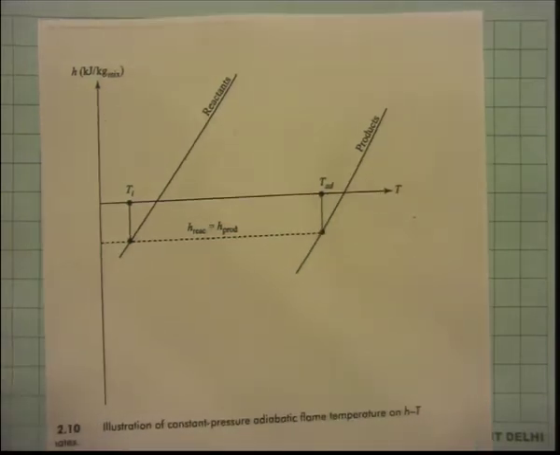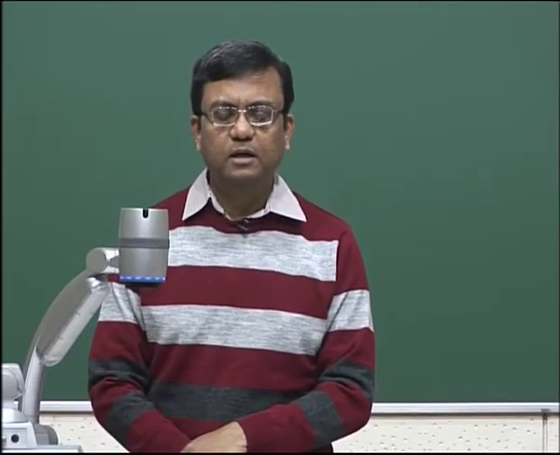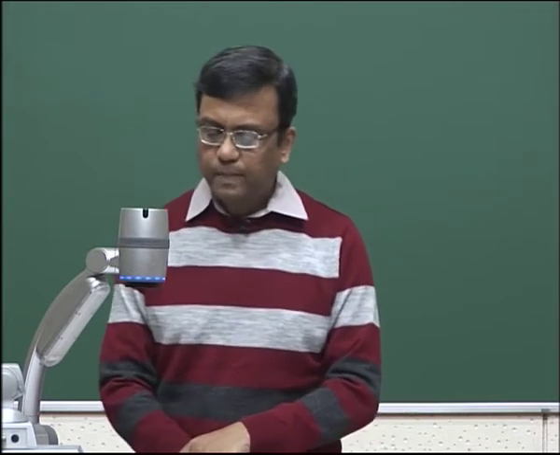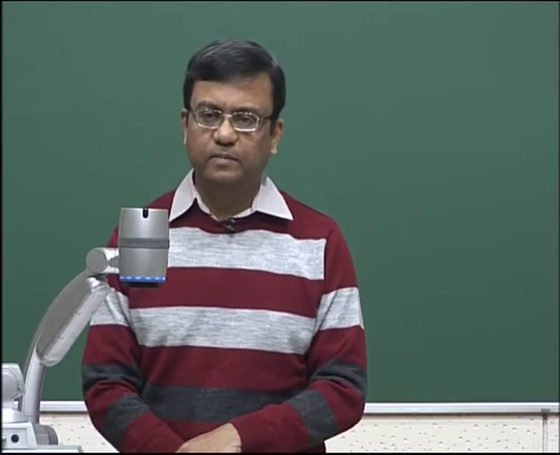So, I just briefly alluded to how to get this adiabatic flame temperature in the last class. I said that you can go to tables at the back of the book and pick up enthalpies of formation and sensible enthalpy changes for various substances, various species, that is CO2, H2 and all that, and from that you can calculate the enthalpy of products for an assumed value of the adiabatic flame temperature.